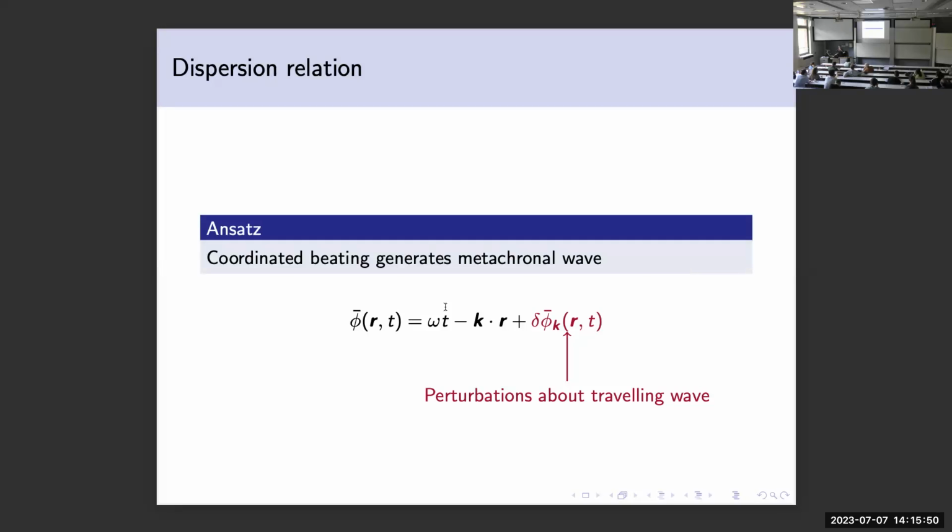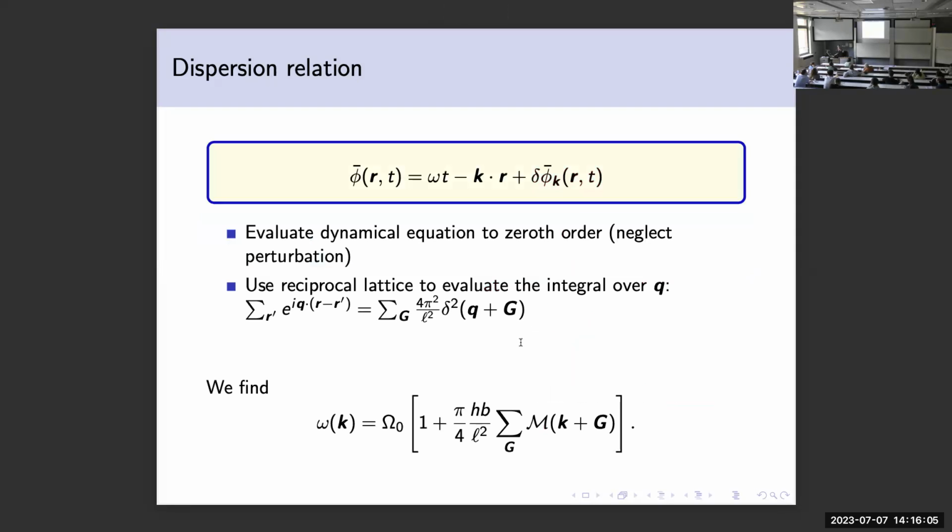So to try and get to a dispersion relation, I'm going to put in this traveling wave ansatz. This here is the form of a traveling wave, omega t minus k dot r, and then I'm going to put a perturbation around it. If I insert this into my dynamical equation and expand to zeroth order in the perturbation, which means neglecting the perturbation, I can get a dispersion relation. Again, this second point here is just another mathematical step to make the calculations easier.